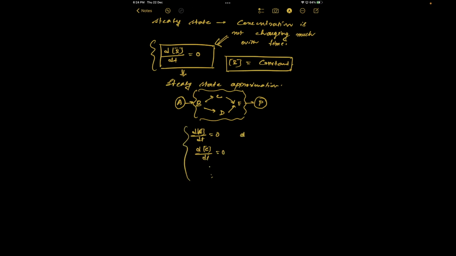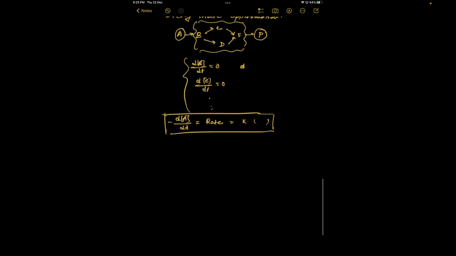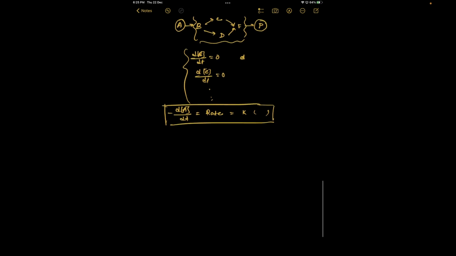With these approximations we can get a very convenient rate equation for this complex reaction, like the rate dA/dt equal to some rate constant k times some convenient expression. That's why we apply the steady state approximation. Okay, so this is an important concept. Now let's go back to the parallel reaction.